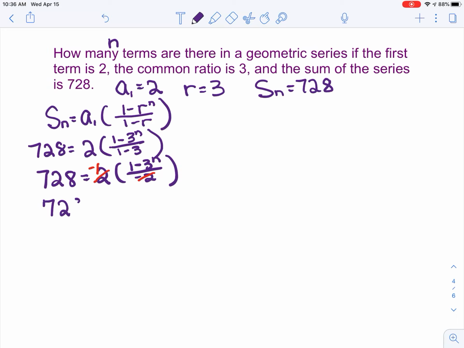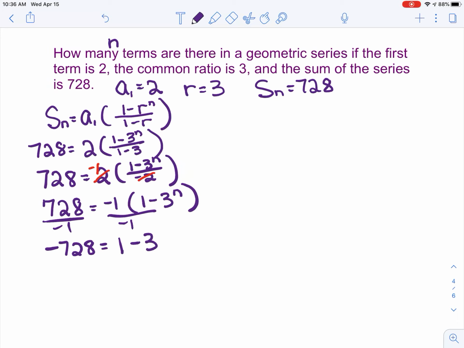So I have 728 equals negative 1 times 1 minus 3 to the n. I'm going to distribute that negative. Well, how about we divide each side by that negative 1? So I get negative 728 equals 1 minus 3 to the n.